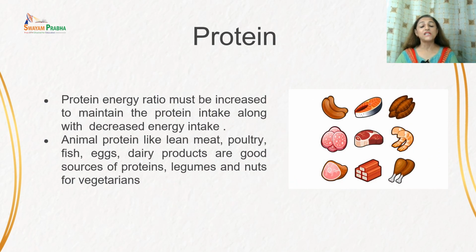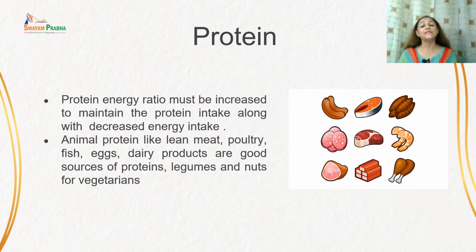So the protein energy ratio in the diet should be increased, because we have seen in the energy requirements that the elderly need a lower amount of energy. But to maintain a good level of protein, the protein to energy ratio has to improve. That means the contribution of protein towards the total energy consumption has to be increased.